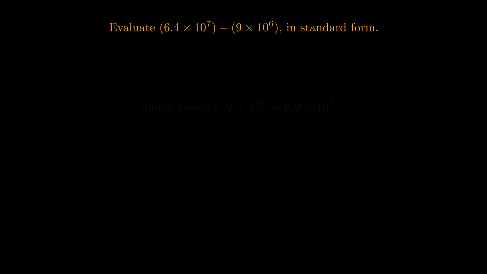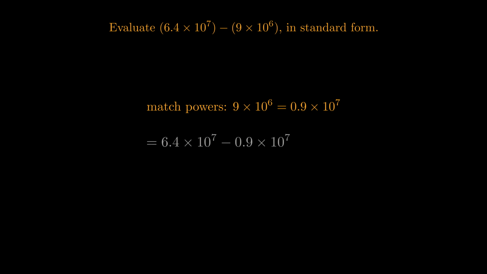Last rung, a subtraction, where matching the powers is everything. 6.4 times 10 to the 7 minus 9 times 10 to the 6. The powers differ, so rewrite the second with the bigger power. 9 times 10 to the 6 is 0.9 times 10 to the 7.